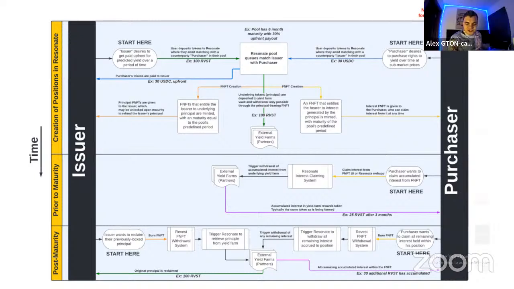I found an interesting question in the live stream. Can GTON Capital use FNFT with time locks for a week or a quarter for bonding functionality? As far as I understand, we can use it for bonding functionality, right? Because basically the FNFTs with time locks are bonds, and we can add more extra rules on top of that. For example, what the value of the token must be for the unlock.